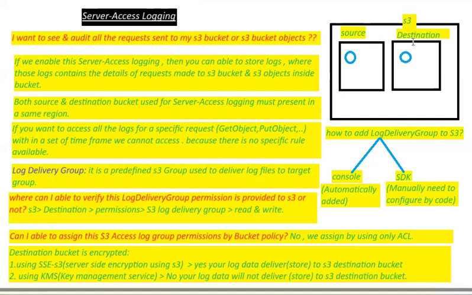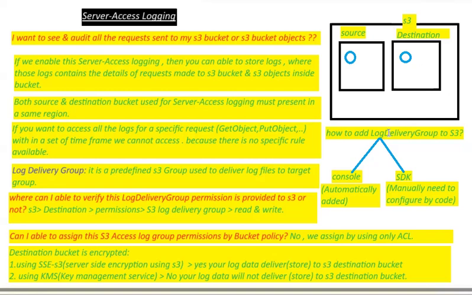So can I access specific request related logs, let's say GET object related logs? No, it is not possible because no such rule is available in the server access logging. Now, in order to provide S3 the permission, that is the log delivery group permission.